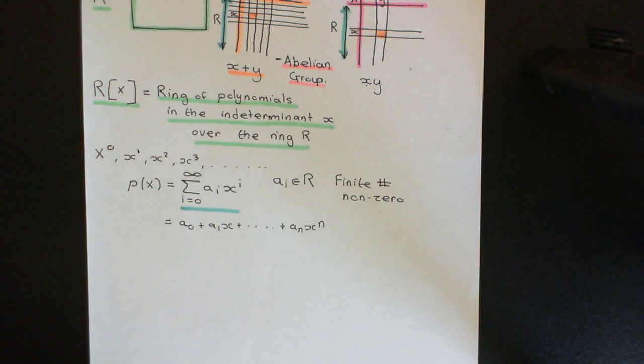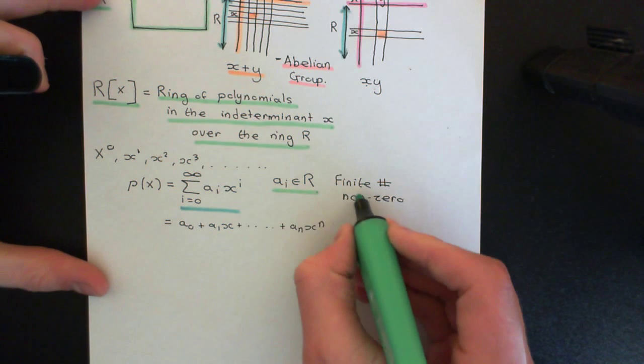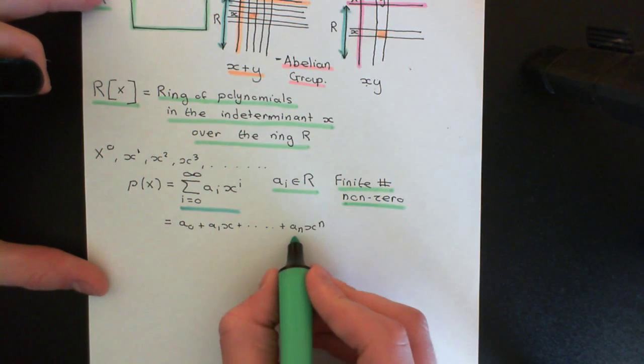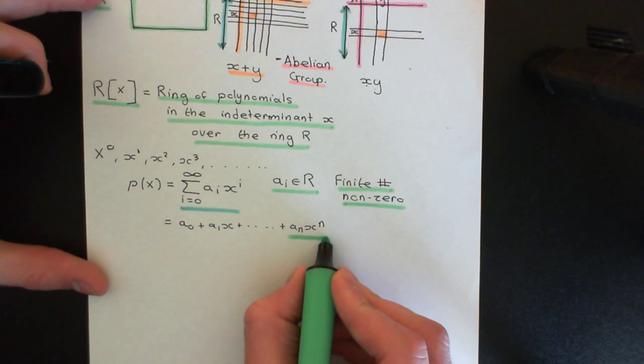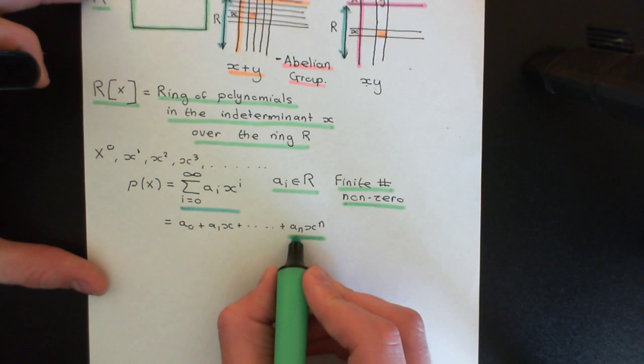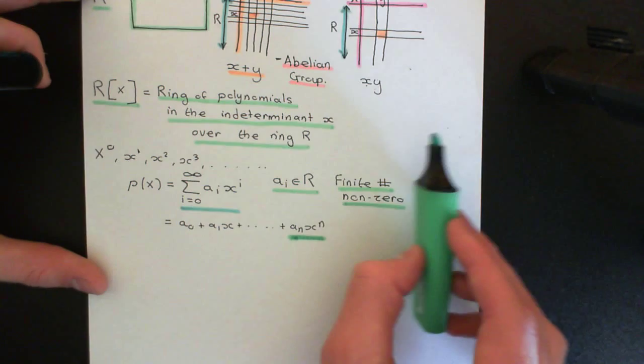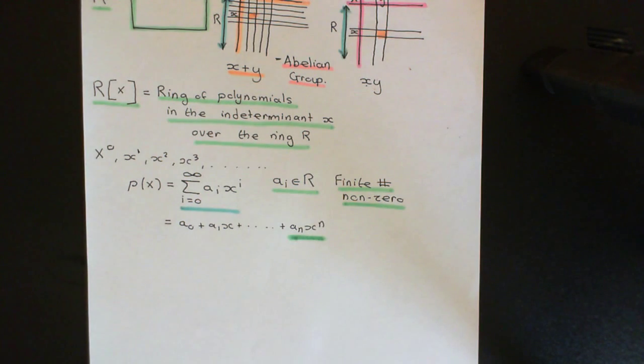You only write out the ones that are non-zero. Since there are only a finite number that are going to be non-zero, there will be some highest power of x which is the last one that has a non-zero term, and therefore you won't have to write out any after that. So that's an important point.